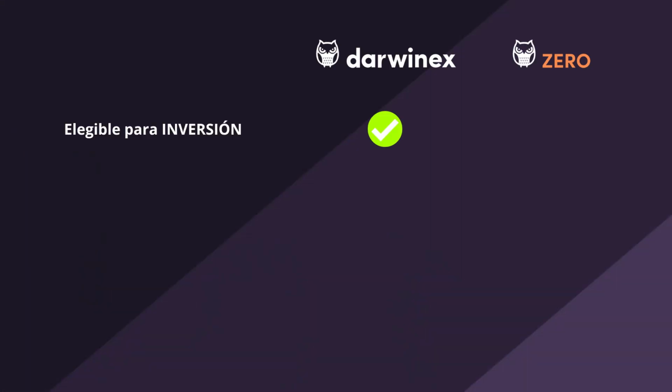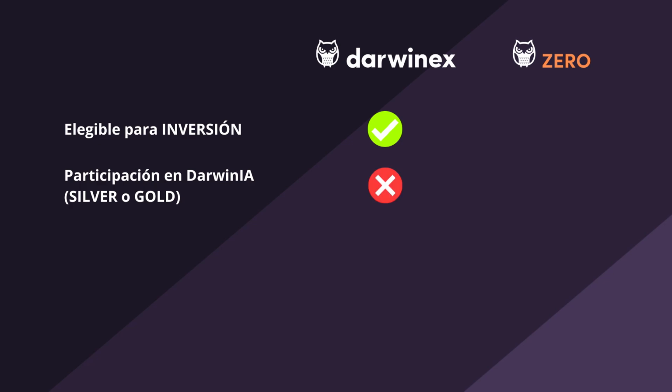For a real Darwinex Classic account, the Darwin could continue receiving investment from third parties but would be temporarily excluded from Darwinia, whether silver or gold, while this divergence remains this high. For a virtual Darwinex ZERO account, the Darwin would not be able to receive further third-party investment and, additionally, would be temporarily excluded from Darwinia, similar to the previous case.